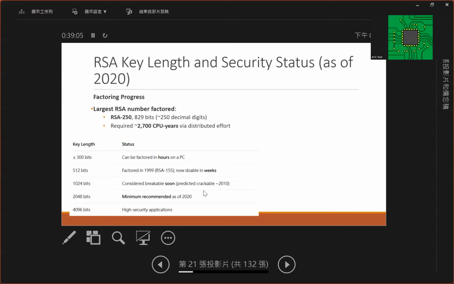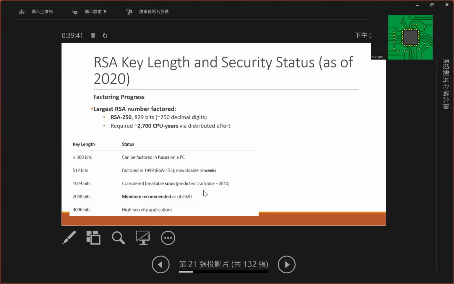So nowadays, if you use 1,000 bit long RSA, it should be safe because of that. Numbers less than 300 bits can be factored using a PC, and for 500 bits, it's already feasible; not one year ago, now it takes only about a week. And nowadays we use 1,000 bits or 2,000 bits.